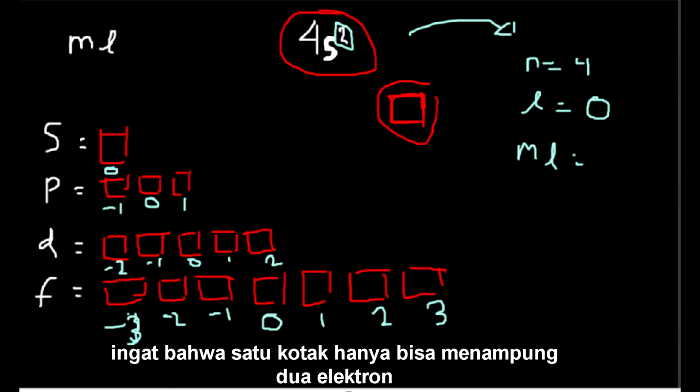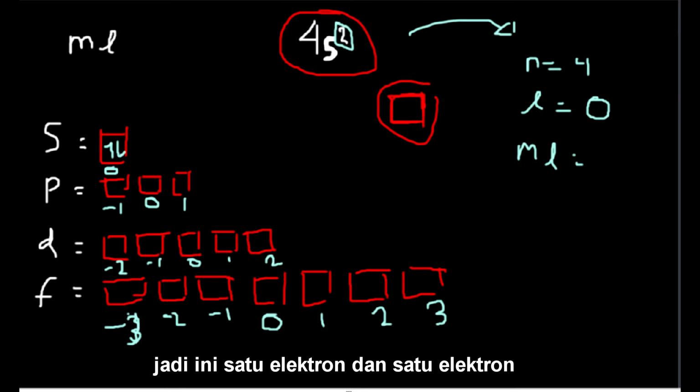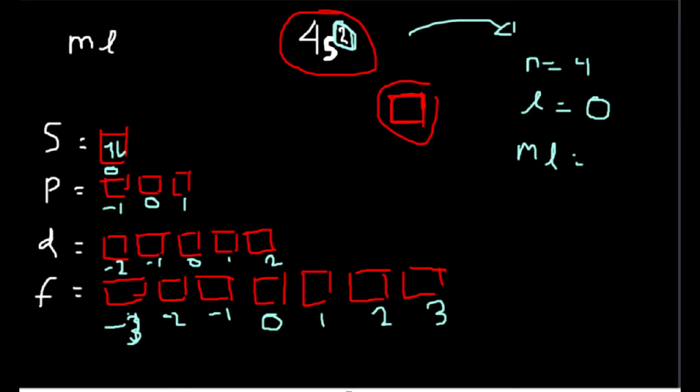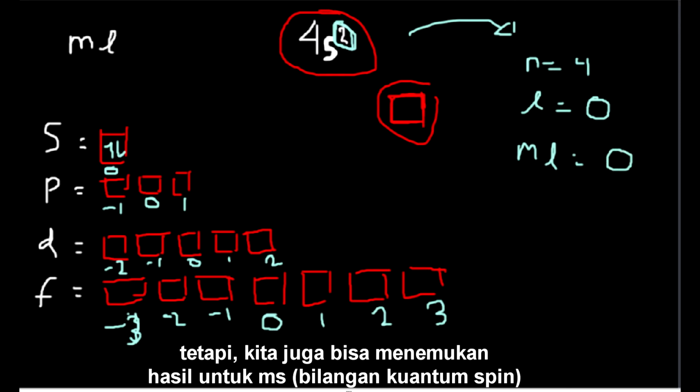Remember that each box can only contain 2 electrons. So for this one, we have 1 up and 1 down. That's 1 electron, and that's another electron, which fulfills this. So ML would be 0. And then, the funny thing is, we can also find MS.